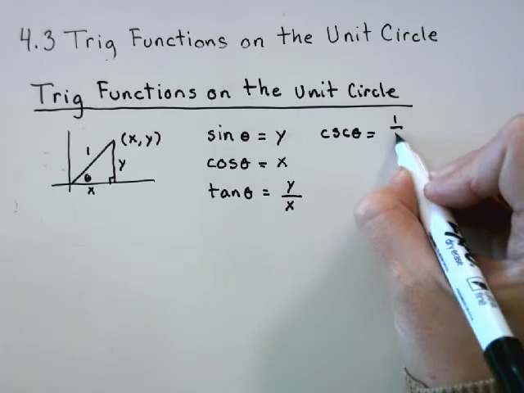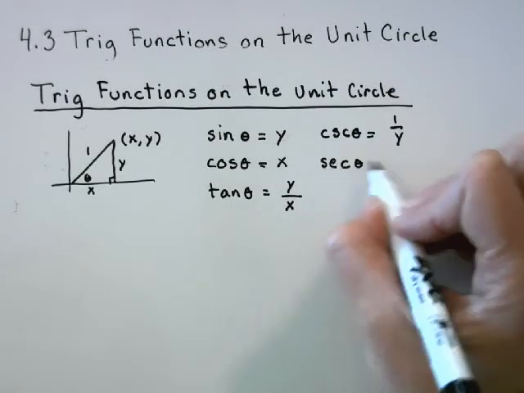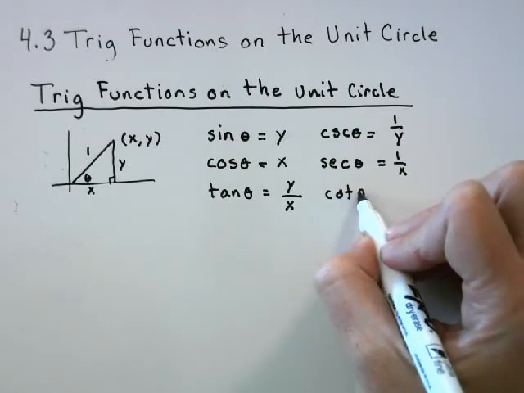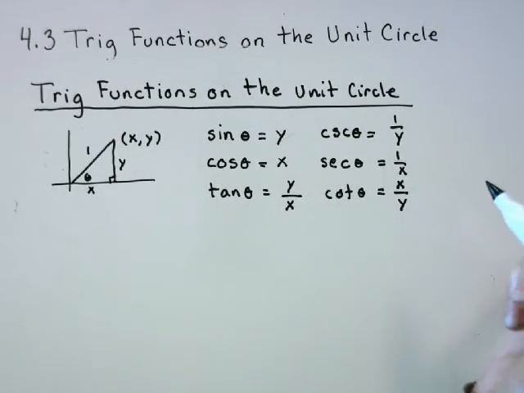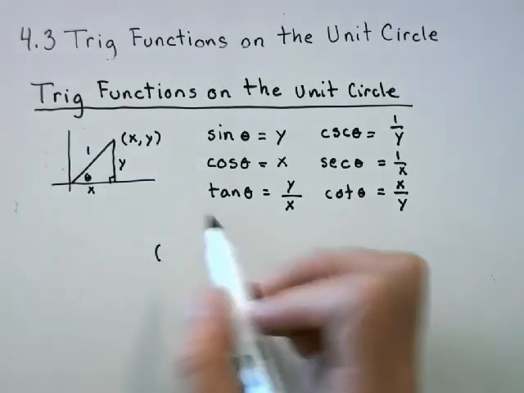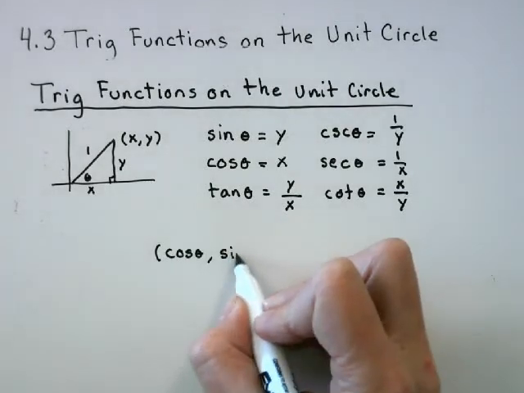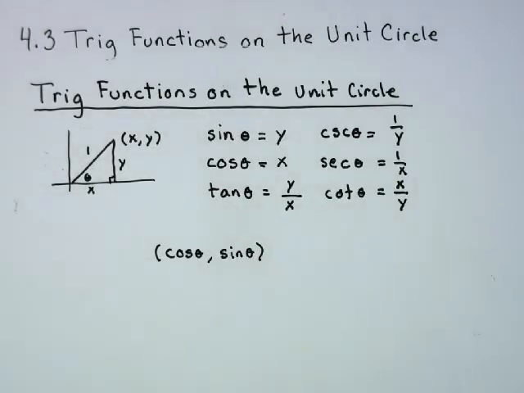Cosecant is 1 over y. Secant is 1 over x. Cotangent is x over y. So on the unit circle, each of the coordinates gives us the cosine value of the angle and the sine value of the angle. And then the rest of them we can do some simple calculations to get.